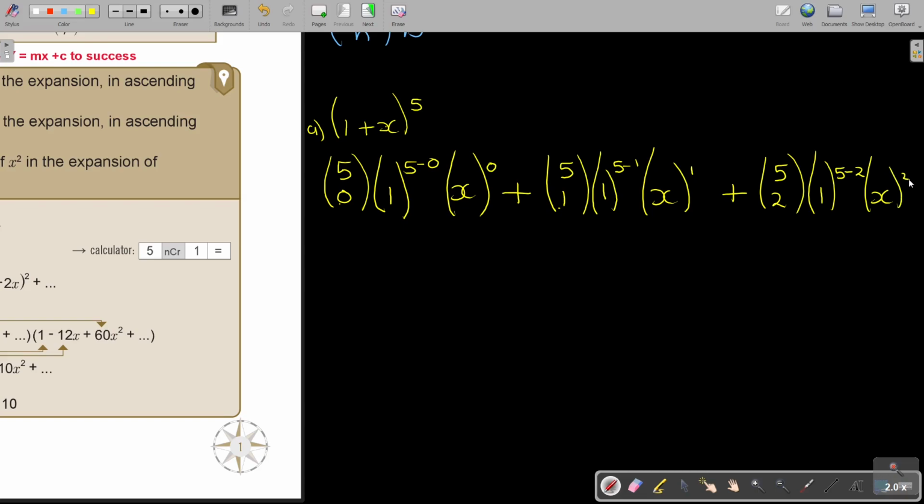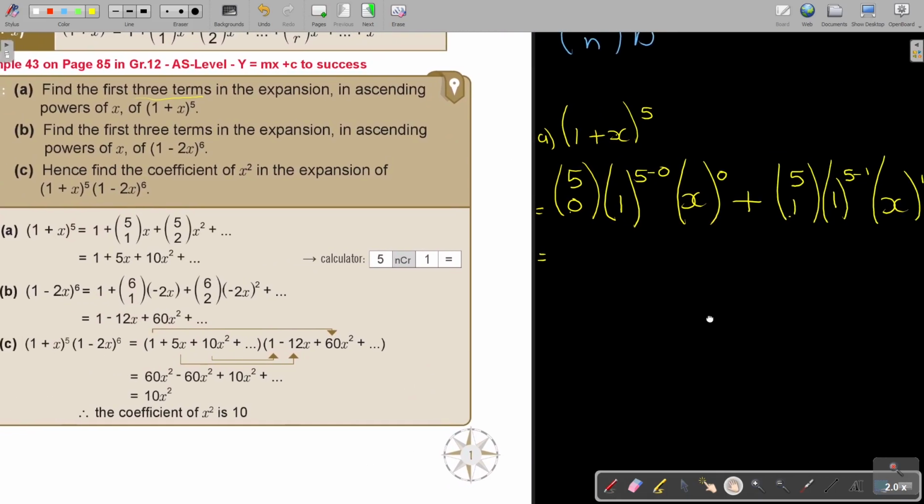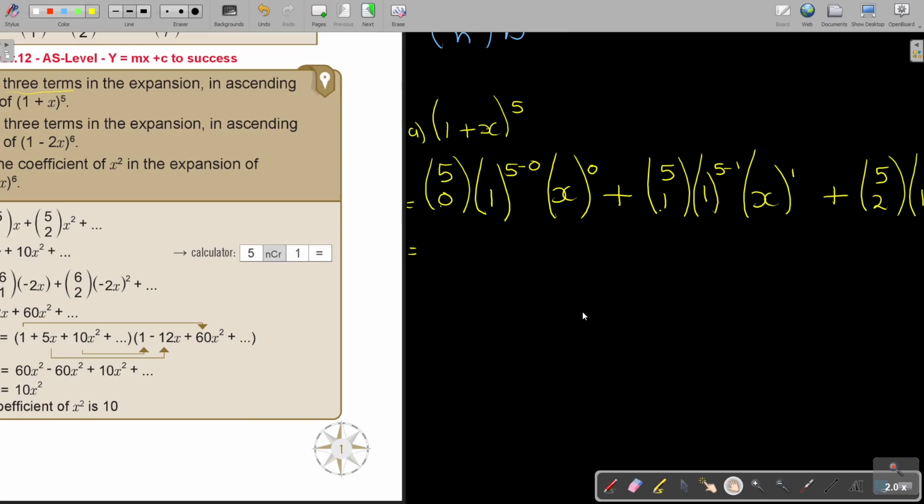Now, if I simplify this, it will make more sense to you. How do I press it on the calculator? Remember, you press 5, you look for that key, nCr, press it. So press on your calculator for this one, 5, nCr 0.